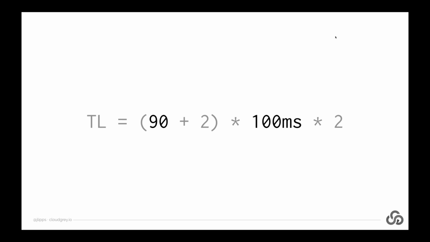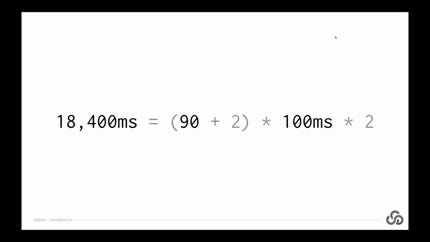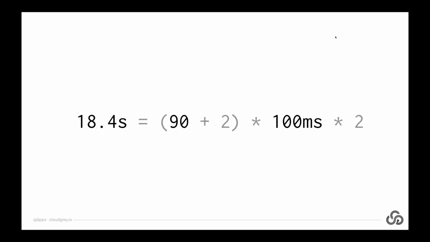So total, we have 92 commands that are going back and forth across the network. And let's say we have a latency of 100 milliseconds for each direction of each command. Then what we see is that the time lost due to latency, or the total latency of our test, is 18.4 seconds. So 18,400 milliseconds, 18.4 seconds.